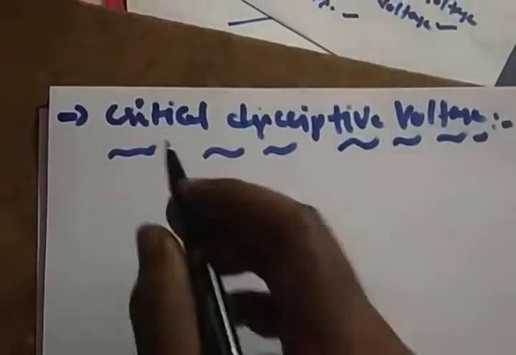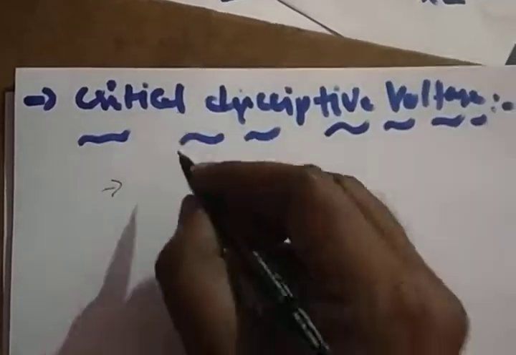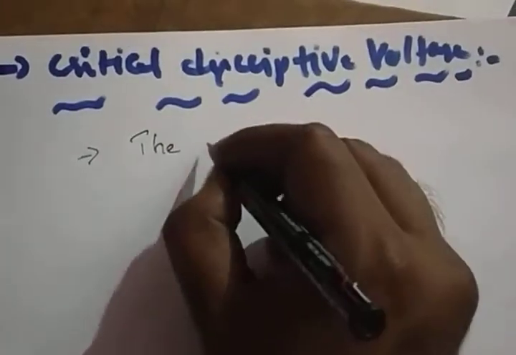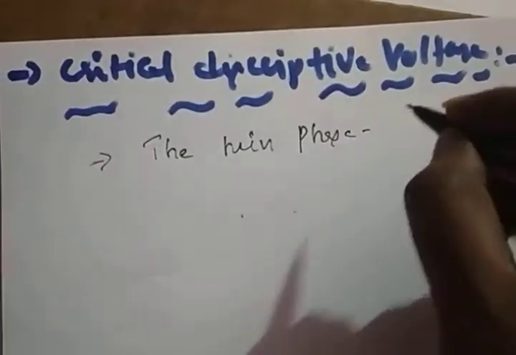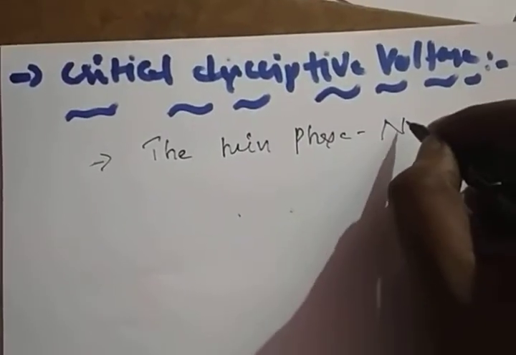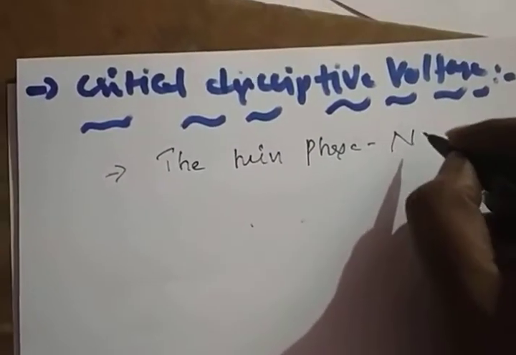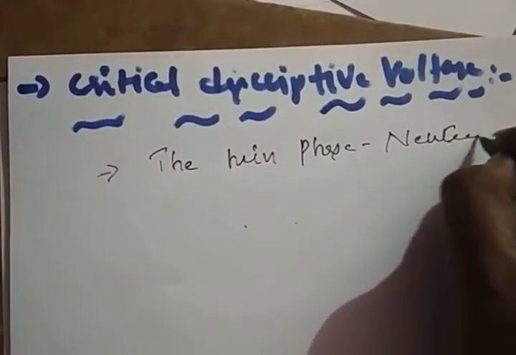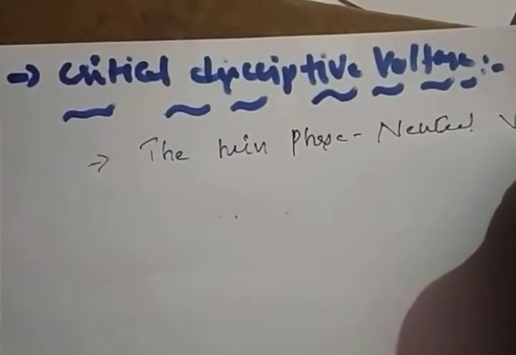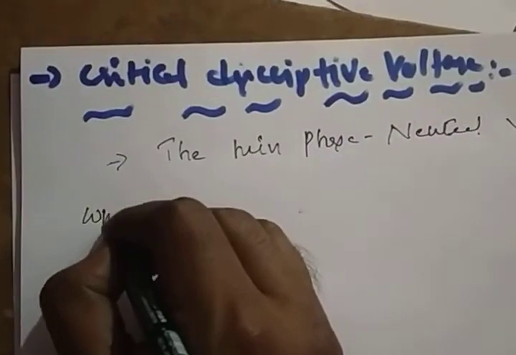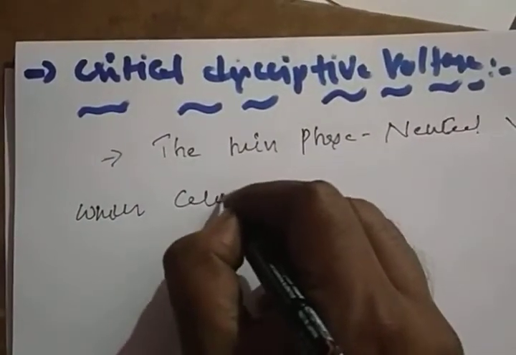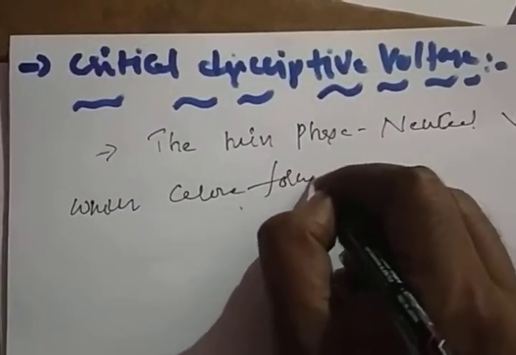First I'll write what a critical disruptive voltage is. It is the minimum phase to neutral voltage at which corona forms.